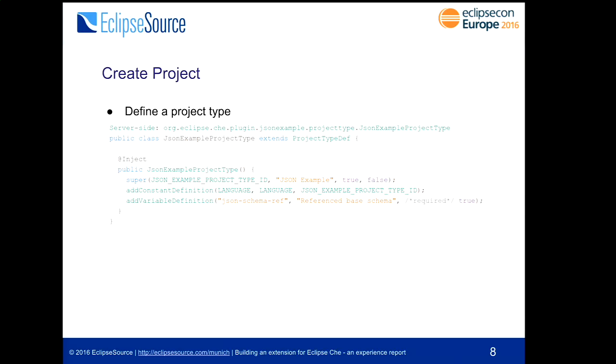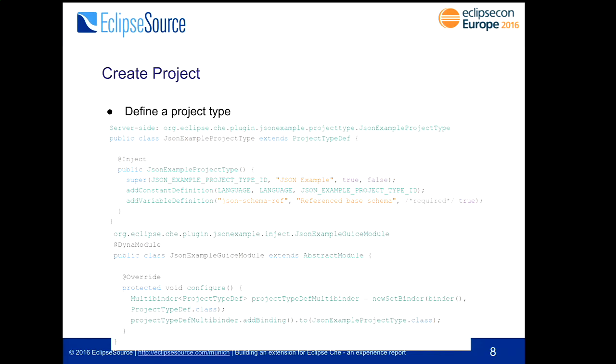And now we have to register this project type at the platform, and that's done in Guice. So we create a Guice module, and then we create, that's the API of Guice, so that's not really Che specific, we create what we call a binder.